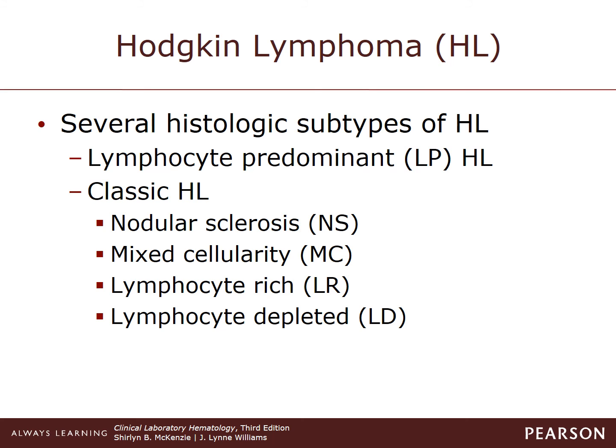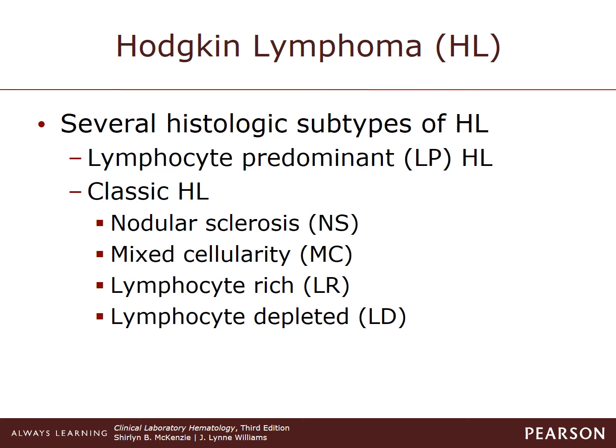Let's discuss the Hodgkin's type of lymphoma, which differs in presentation as well as histologic appearance from non-Hodgkin's type lymphomas. In Hodgkin's lymphomas, you have large tumor cells that do not resemble a normal cell counterpart, and they're accompanied by many reactive cells.